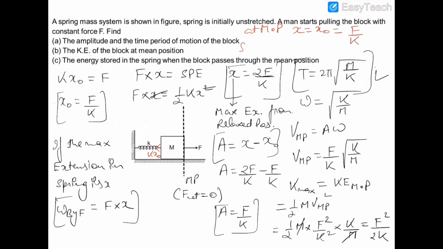So the spring potential energy is half k x naught square, which would be equal to F square by 2k. So the spring potential energy when the block passes through the mean position would be F square by 2k. Now let's move on to the next question.